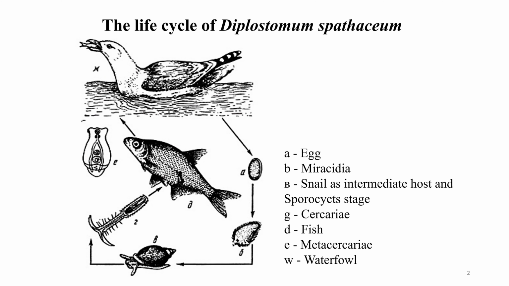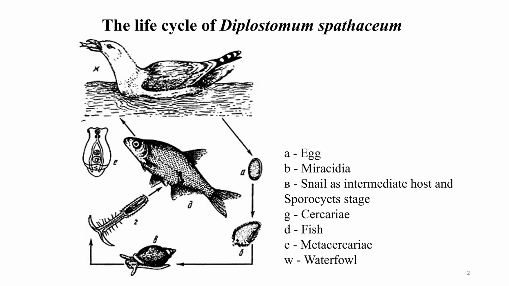Trematodes of the genus Diplostomum have a complex life cycle which includes the change of two intermediate hosts. At the first stage of development, the egg of the trematode turns into a miracidium, which infects a freshwater gastropod from the Limnaeidae family and passes into the sporocyst or parthenita stage.